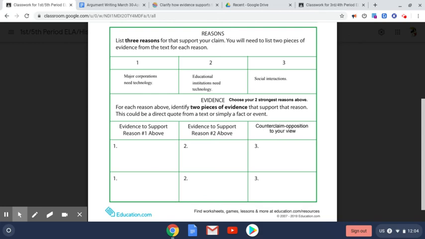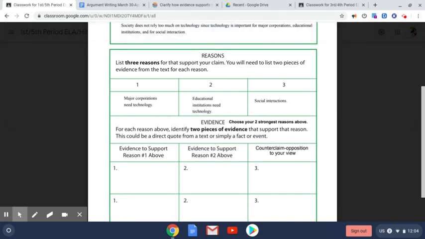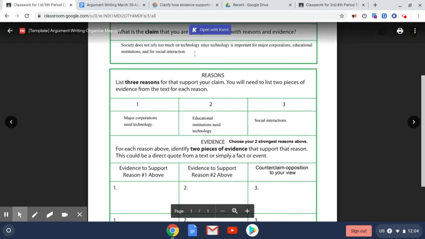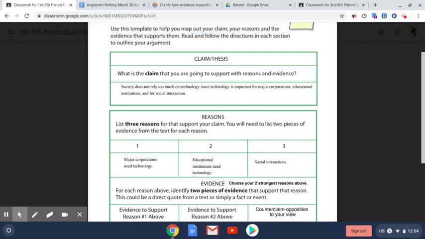Now, make sure that your reasons are good, solid reasons that will support your claim. Remember, when you're writing, your claim should be whole world. Don't just say yes or no, we rely on technology or we don't rely on technology too much. Think about who are the we. The we are people, the we could be students, the we can be society.